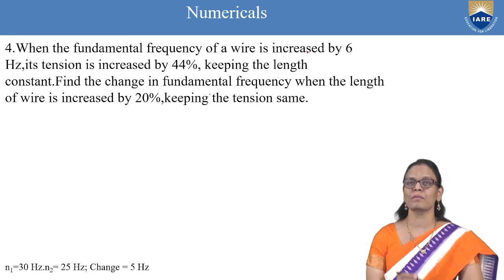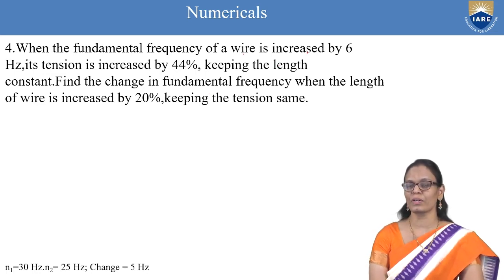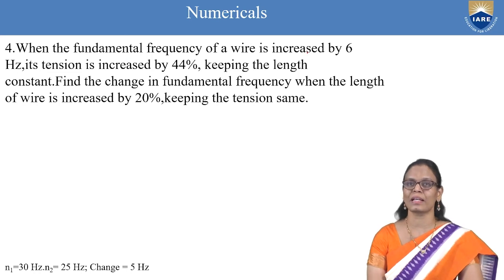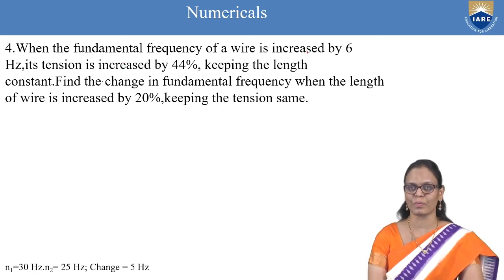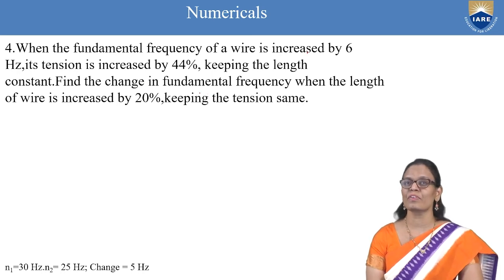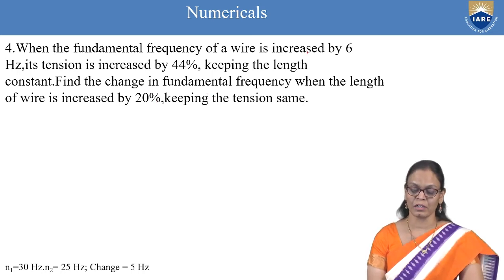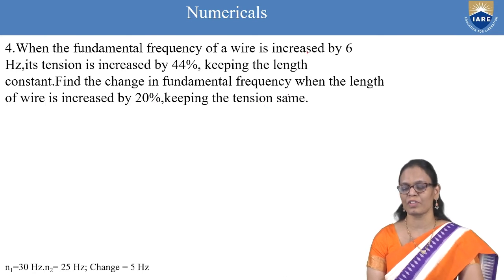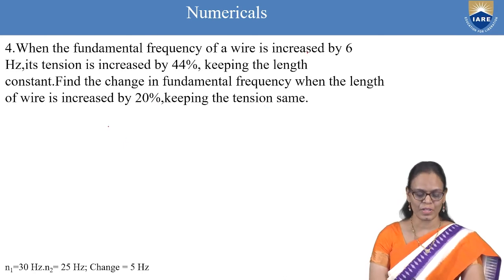So we will do it in parts. First, we will keep the length constant and find the initial or the fundamental frequency. Then using the same fundamental frequency, we will find the frequency keeping the tension same when the length is increased. So let us write the data.